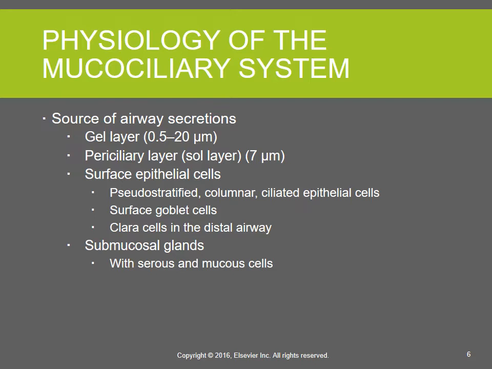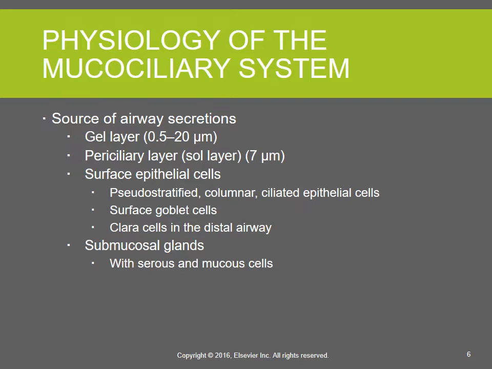Cells responsible for secretion in the airway and the source components found in respiratory mucus are surface epithelial cells, pseudostratified columnar ciliated epithelial cells in particular, surface goblet cells, and Clara cells in the distal airway.